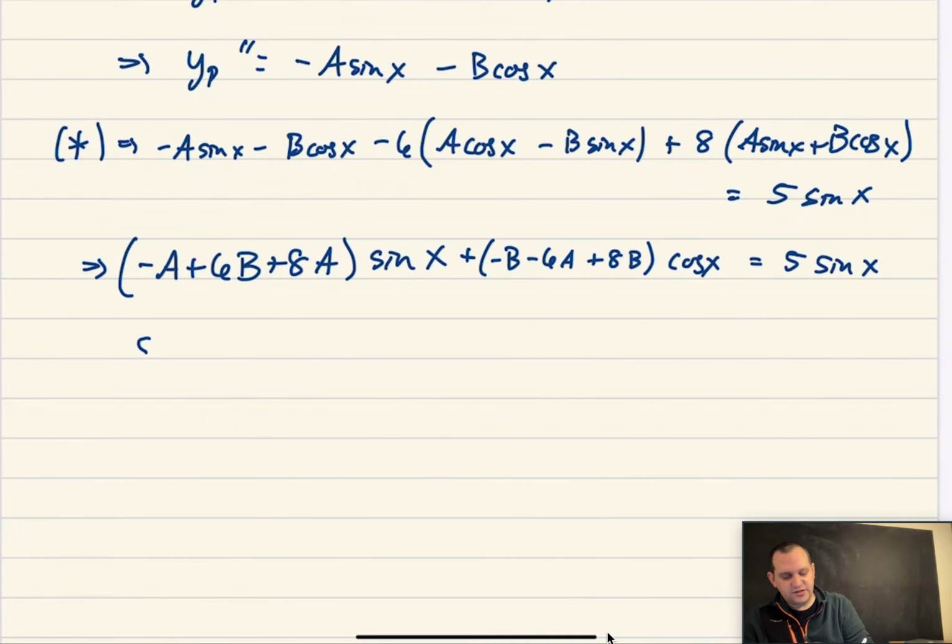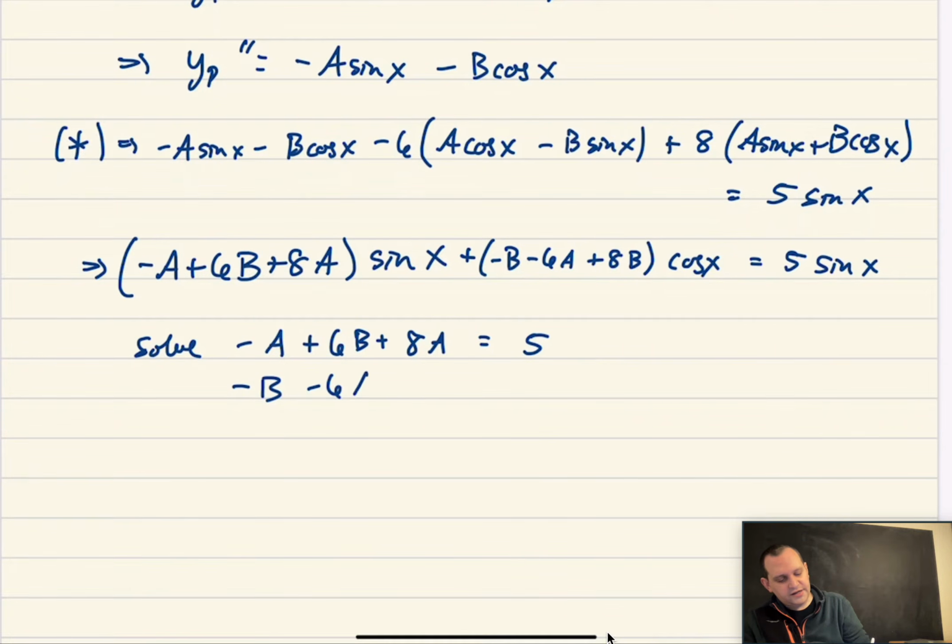So now we have to solve a system of 2 equations and 2 unknowns. We want negative a plus 6b plus 8a to be 5, and we want negative b minus 6a plus 8b to be 0.